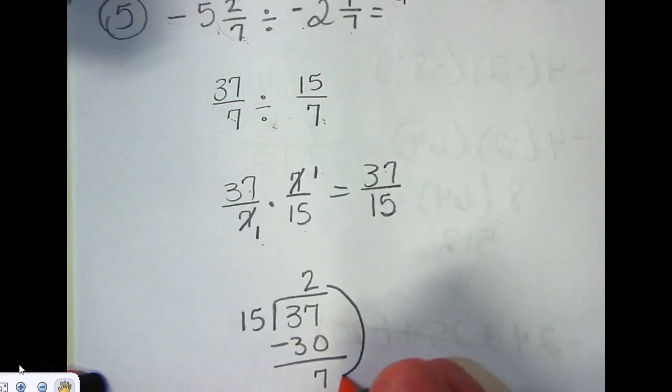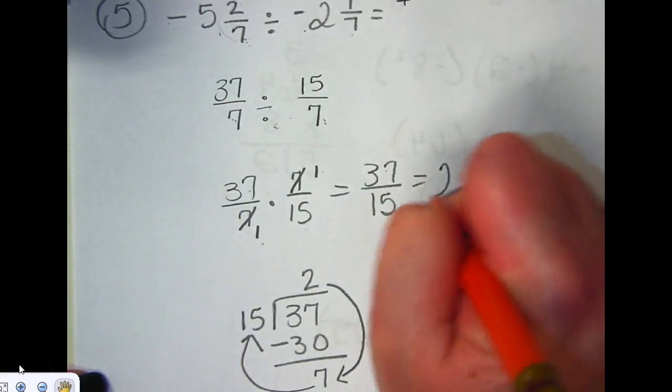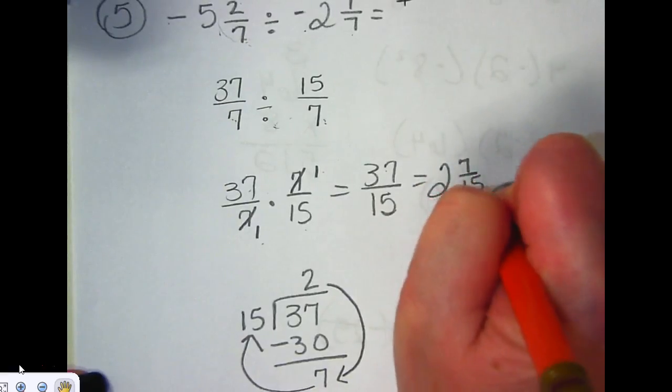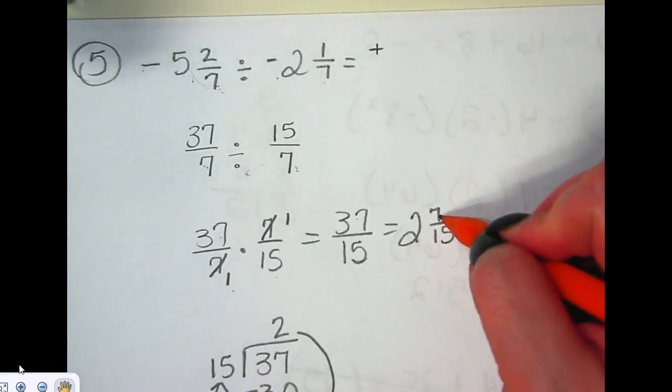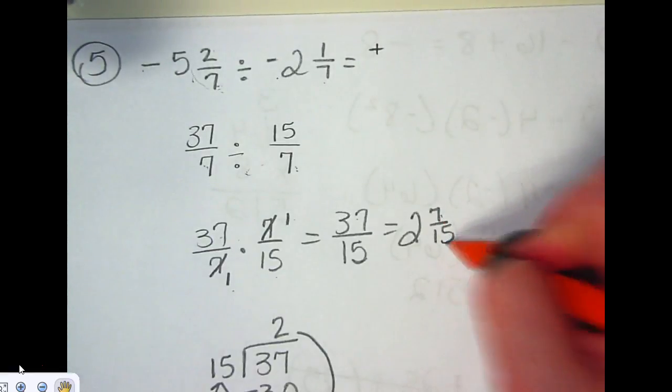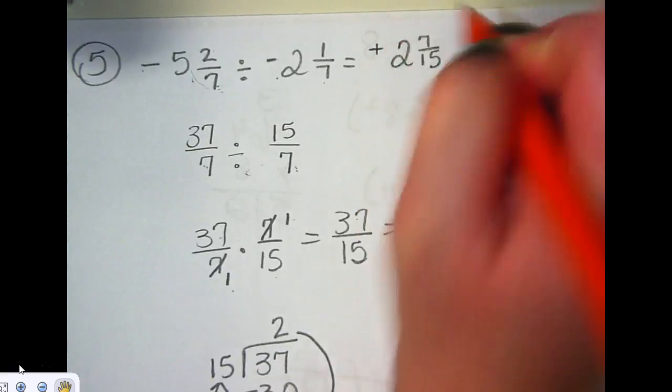So your answer is 2 7/15. Can that be simplified? No. 7 is prime. And does it go into 15? No. So your answer is a positive 2 7/15.